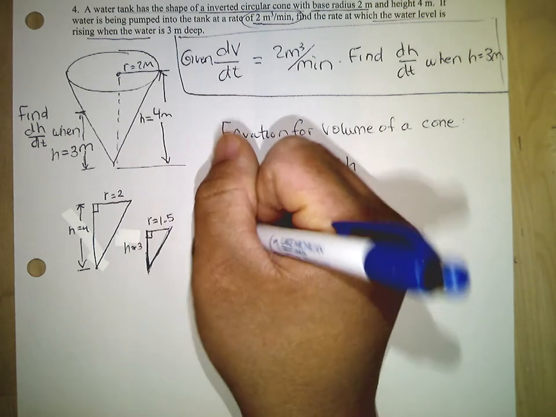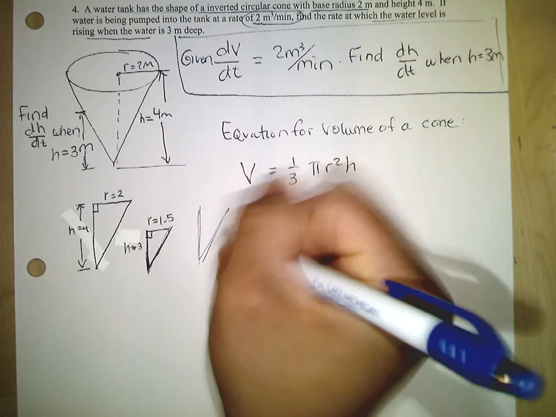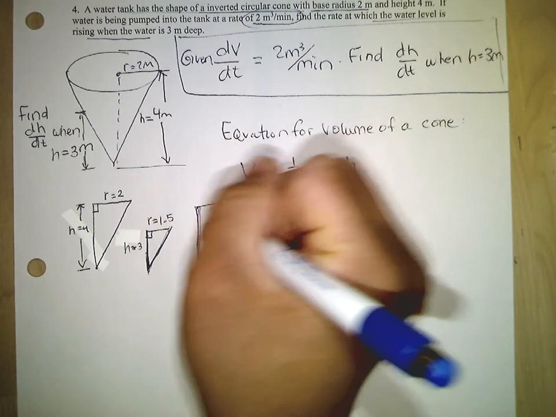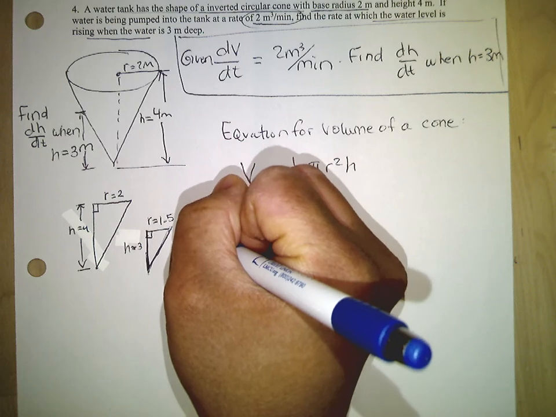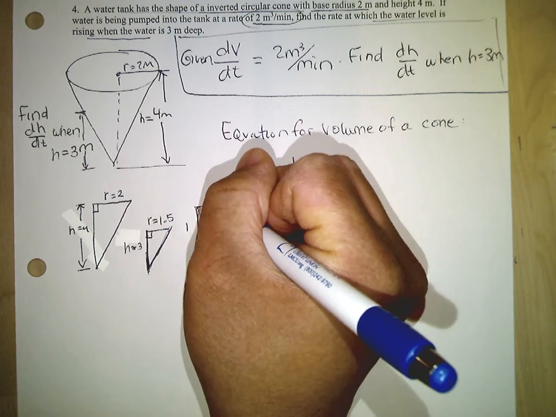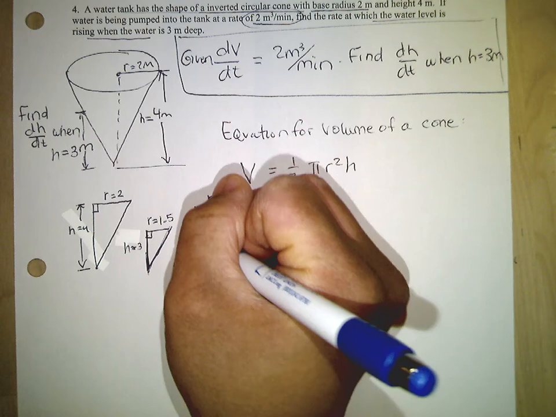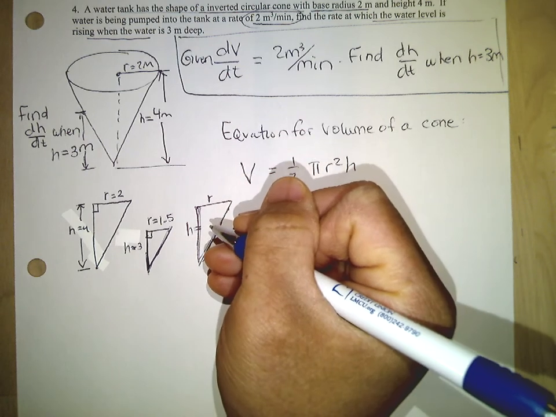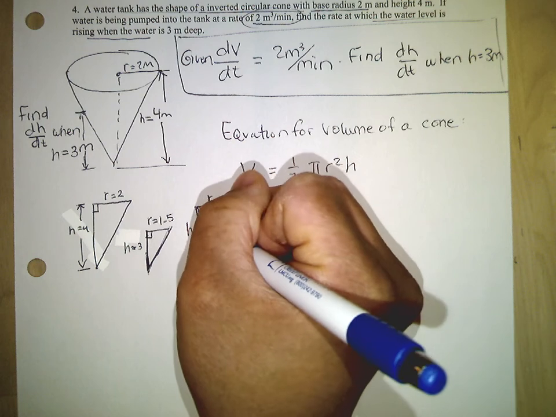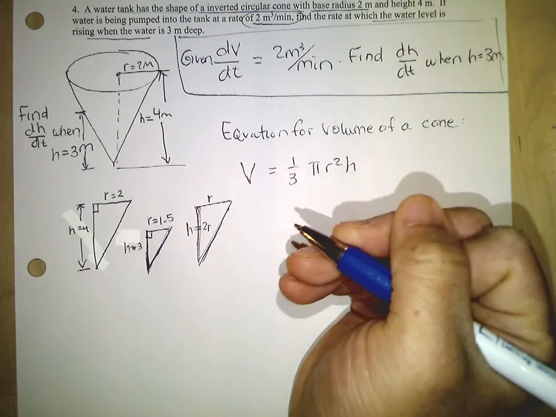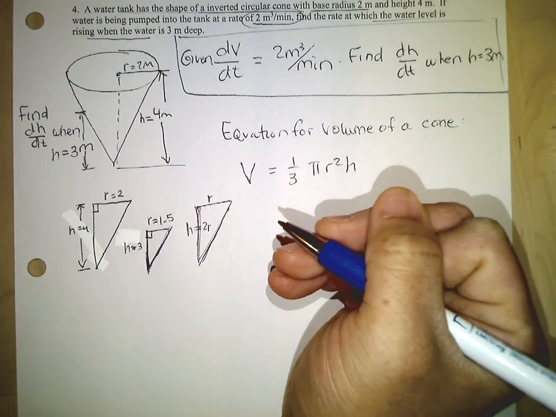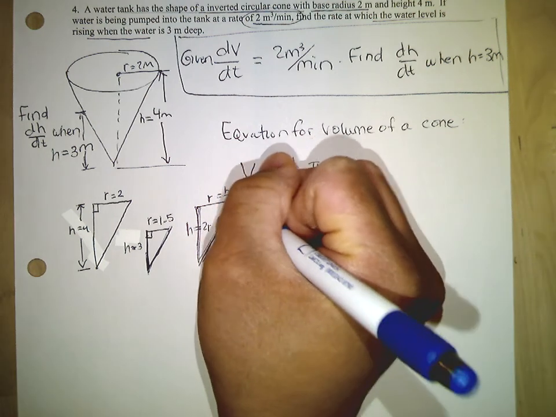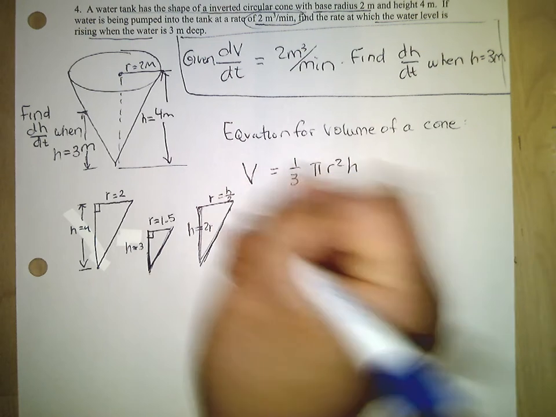But for any height, the radius is the height divided by 2.